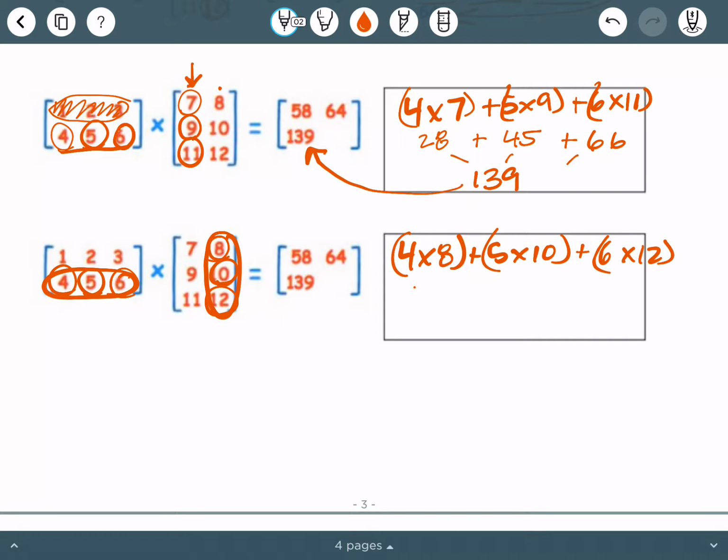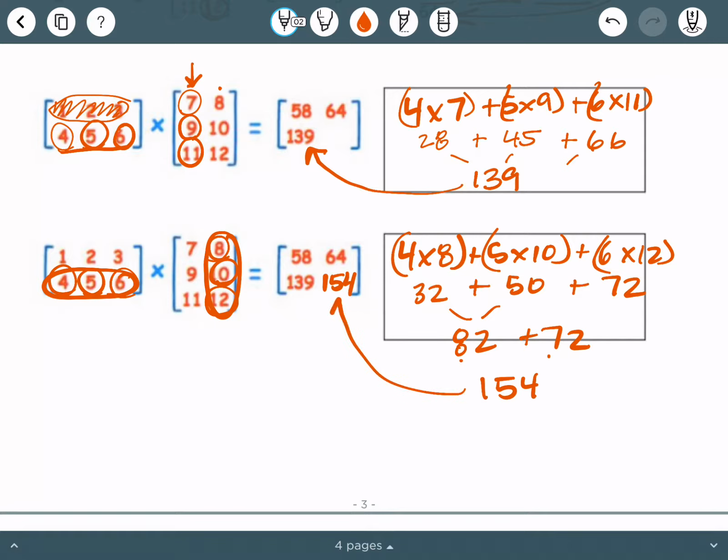Right, so 4 times 8 is 32, plus 5 times 10, which is 50, plus 6 times 12 is 72. I don't have a calculator, so I'm going to add these two together first. That's 82 plus 72. I know 8 and 7 make 15, so 150, and then 4, 154. So I'm going to put that right here as my last thing there.